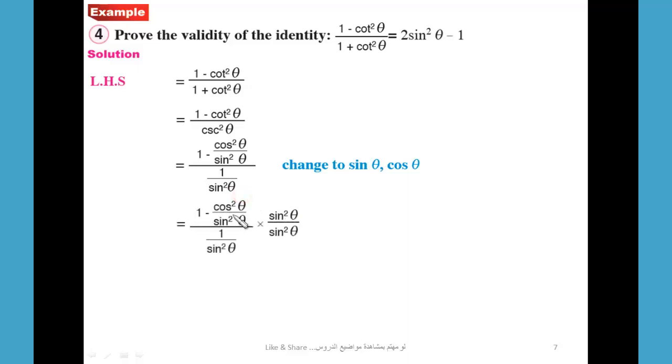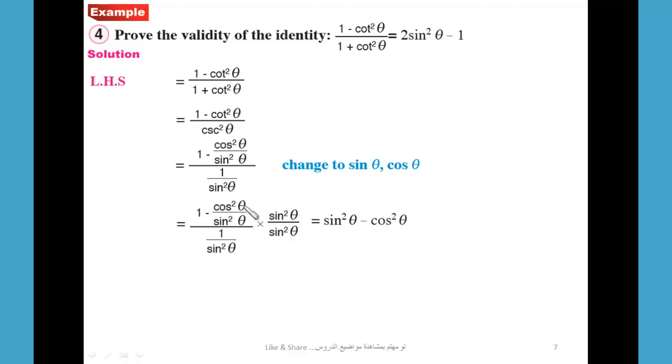So multiplying up and down by sine square, here multiplying up and down by sine square, so sine square multiply 1 equals sine square. Sine square multiply cosine square over sine square equals cosine square.